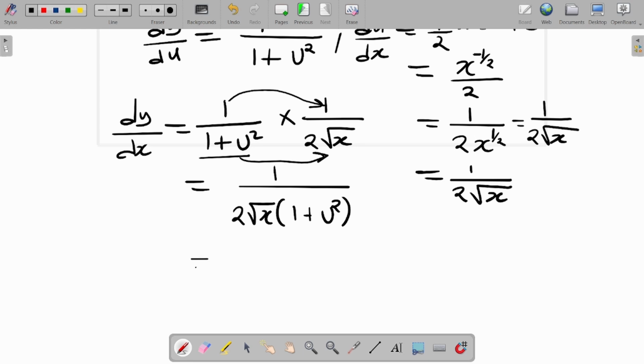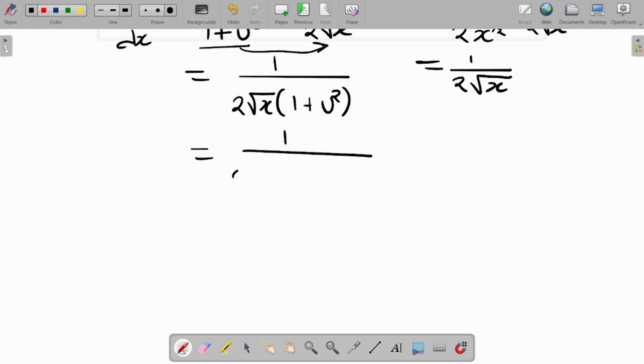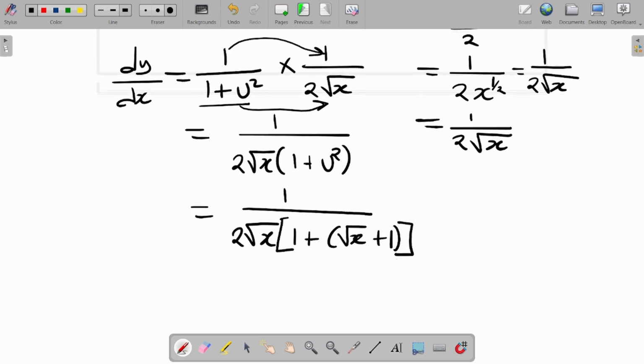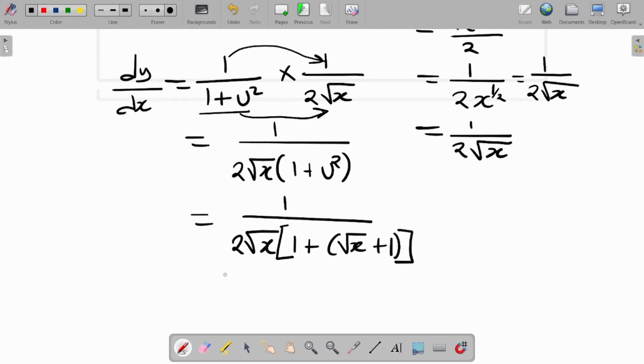So substitute back the value of u. Here you have 2 root x times 1 plus, u is root of x plus 1, squared. This is the derivative, the final answer.